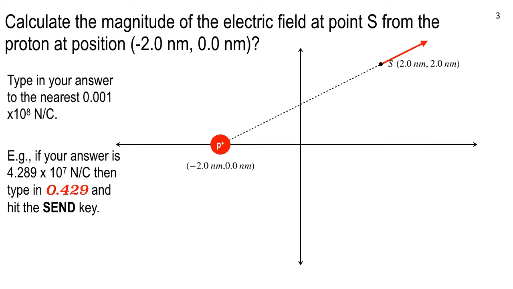You can't do that until you get the magnitude of the vector. So do your Pythagorean theorem, a squared plus b squared. A squared here is 4 nanometers quantity squared, and b squared is 2 nanometers quantity squared. Total of 20 square nanometers, which is 20 times 10 to the minus 18 meters squared. So you've got to do that first before you try components.